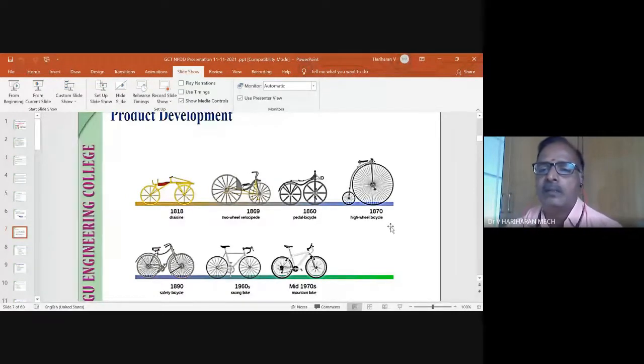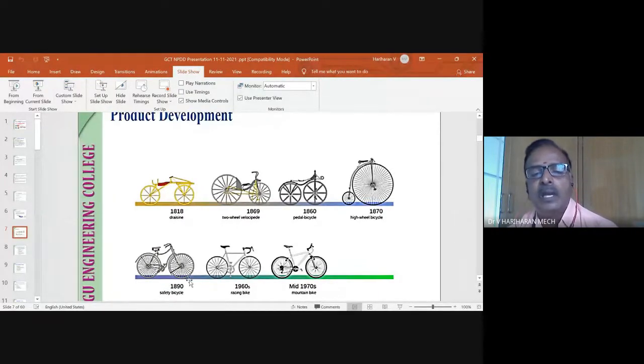Again in 1870, some of them changed it: the front wheel had a larger diameter and the rear wheel a shorter diameter. Finally, it also gave some problem due to the difficulty in sitting or in pedaling. All these things were there. So after that, in 1890, they decided on a proper safety bicycle.